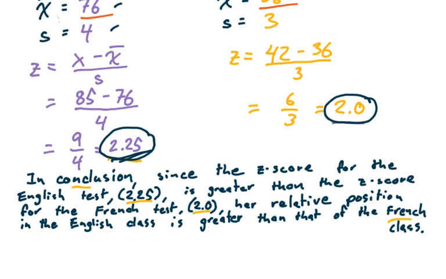Okay? So that is how we can compare two different things that are not related to one another. So again, the English test and the French test could have been out of two different numerical values. Looks like maybe the English class was out of 100 and the French test was out of 50. So we can't compare the scores directly.